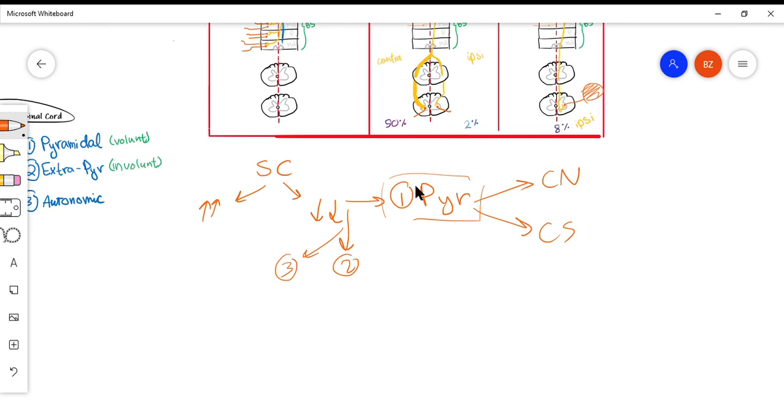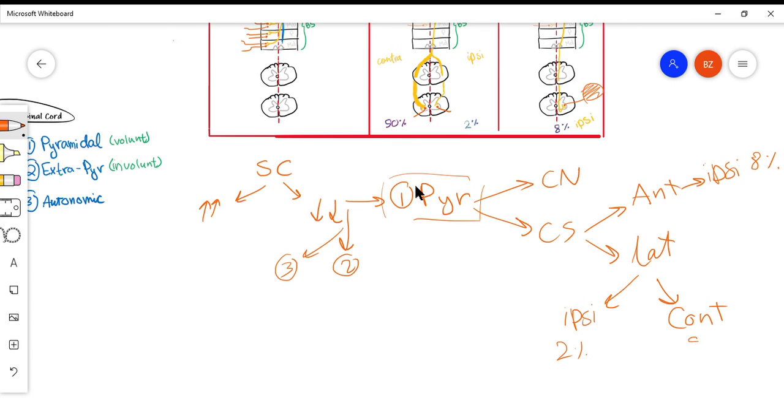And then the corticospinal can be either anterior or lateral. And then the lateral can be either ipsilateral or contralateral, right? And the anterior is direct anyway, it stays ipsilateral. The anterior is 8%. The ipsilateral of the lateral one is 2%, and this is 90%.